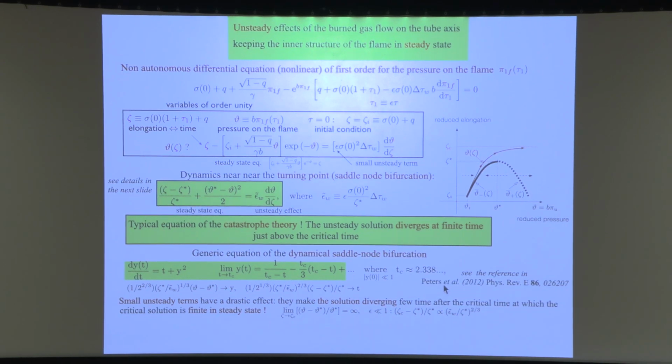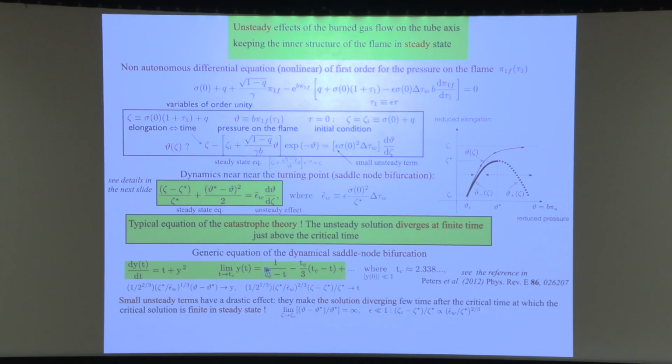That is important for people living in California, for example. And it turns out that the solution is, here you discover the Riccati behavior, divergence, and now here you can develop this. This is a perturbation due to this term.